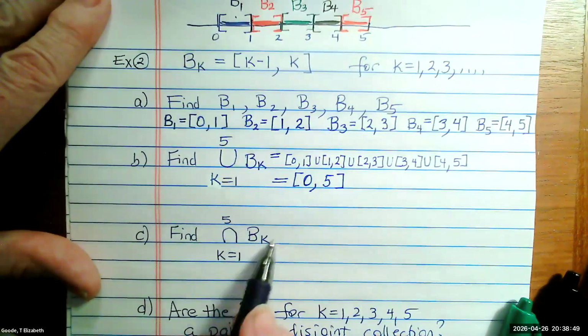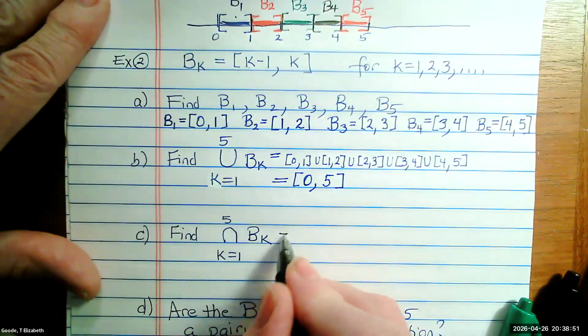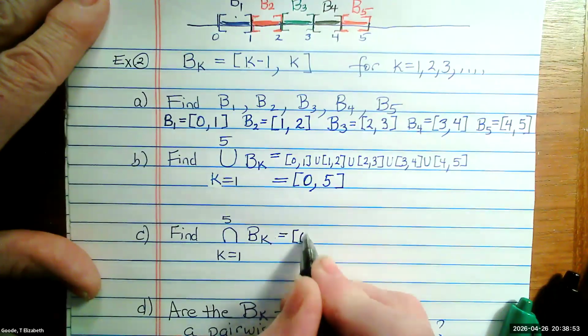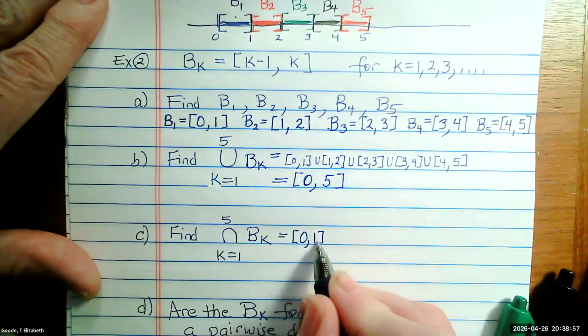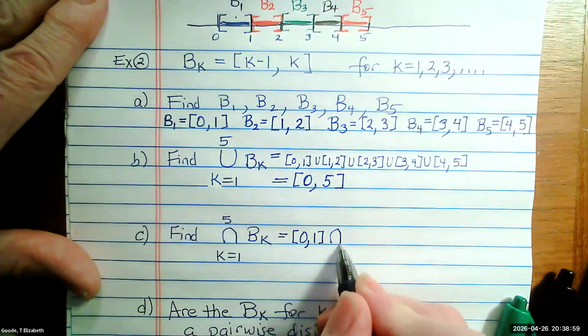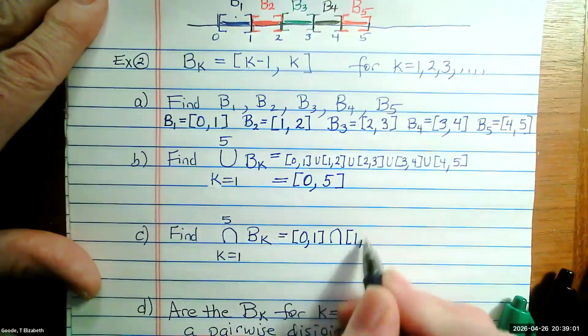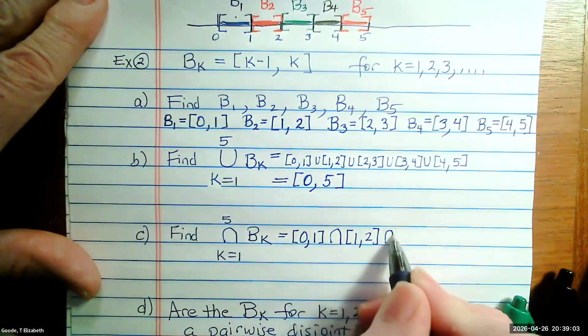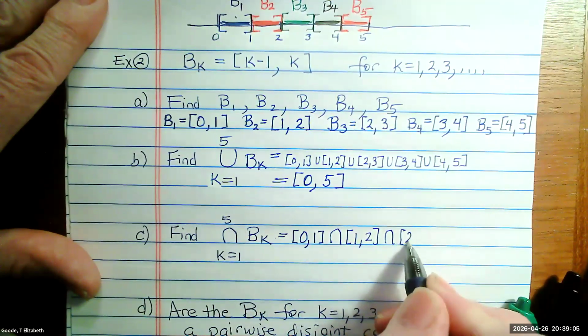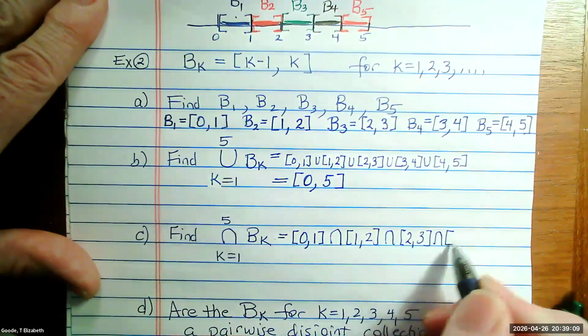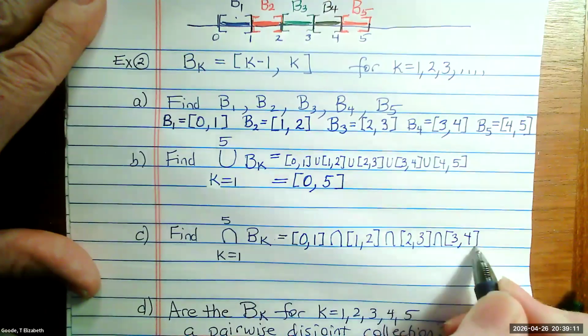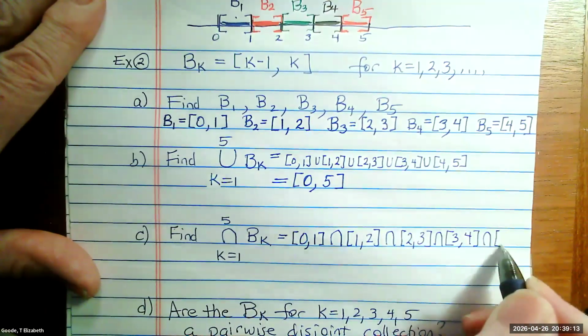Now we're going to try to intersect all of those. So we're looking for any x's that are in all of these. They are in B1 and in B2 and in B3 and in B4 and in B5.